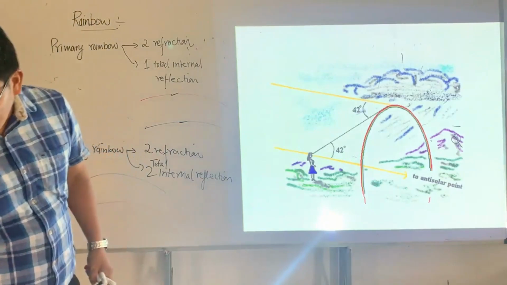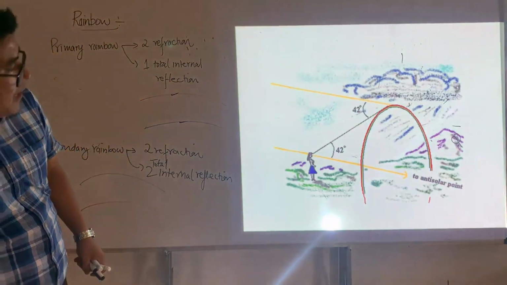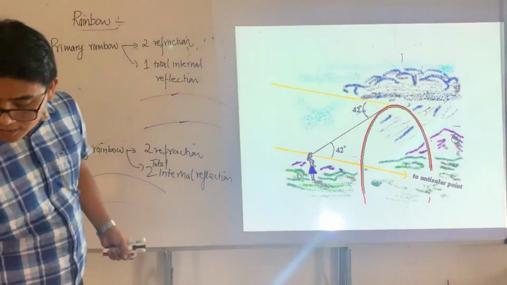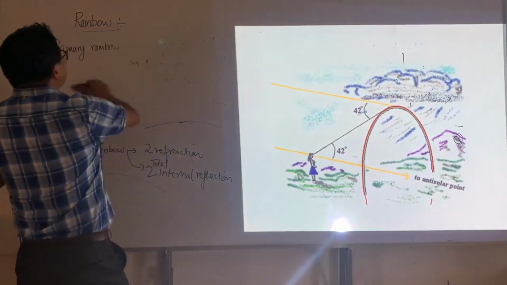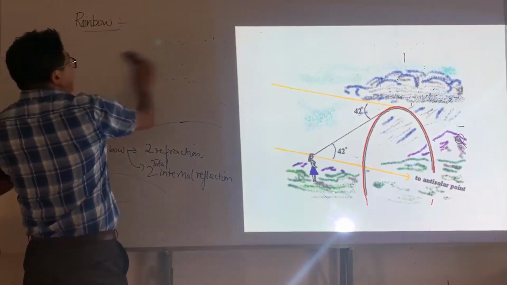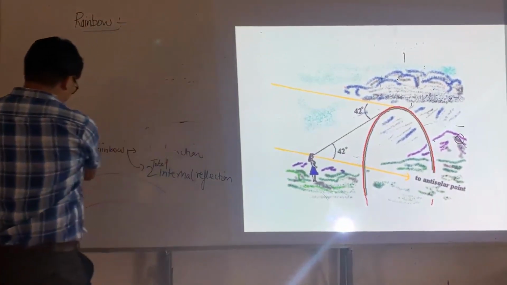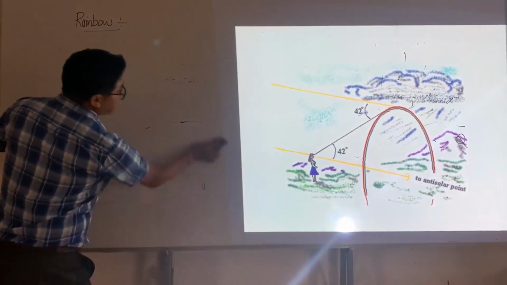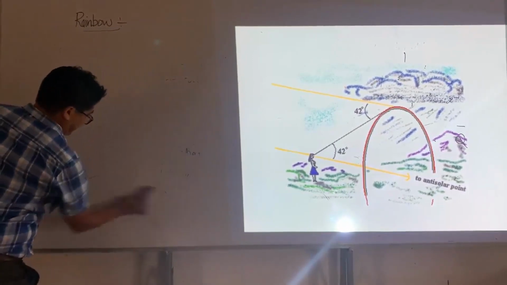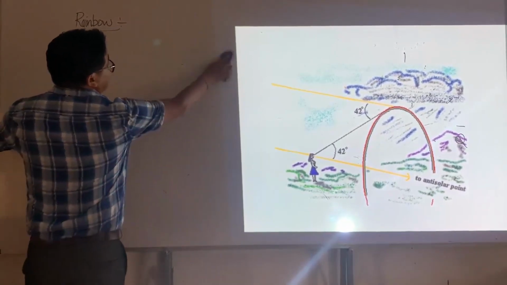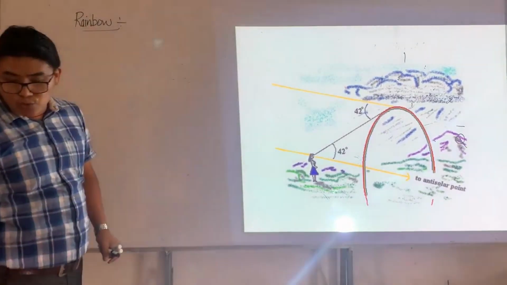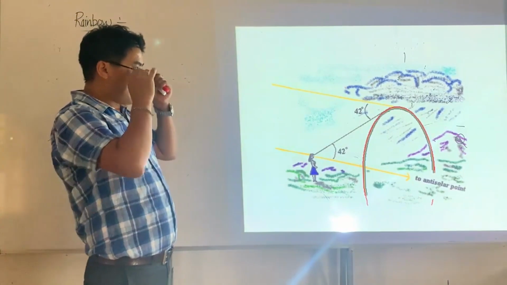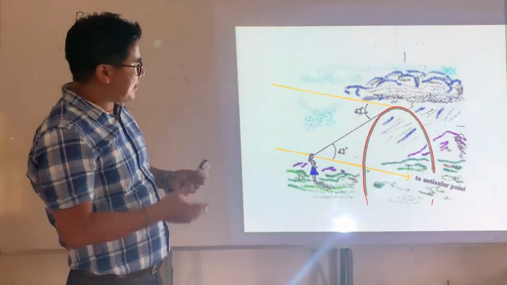Now we may ask, and this may help students, why does a rainbow appear bow in shape? Why does it look like this? The detailed answer is beyond our scope, because you need more geometry and more mathematics.